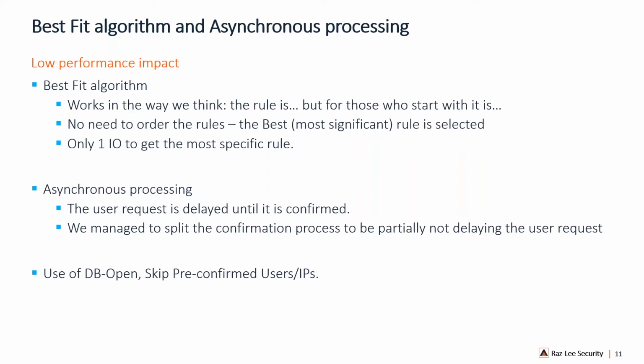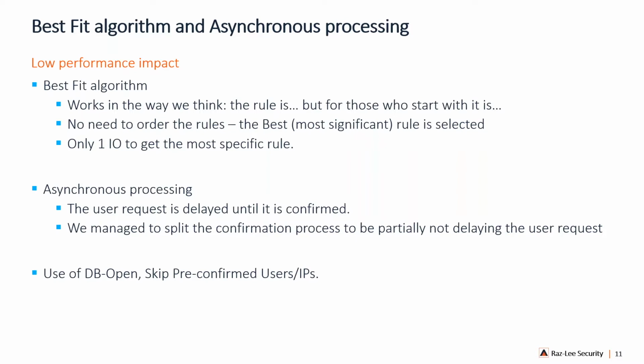The alternative is to throw into the system which secures your network activity all the rules, and those have to be scanned until a specific rule is found to be true. This means many IO operations, and with our solution we use only 1 IO operation per layer in order to find the most specific rule and work accordingly.